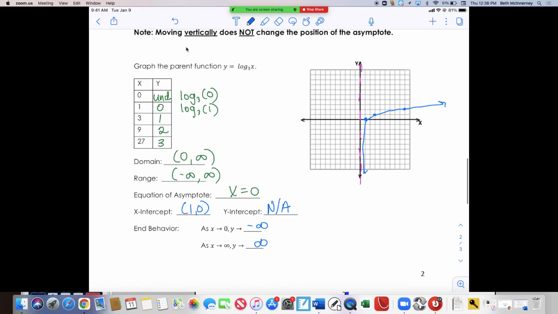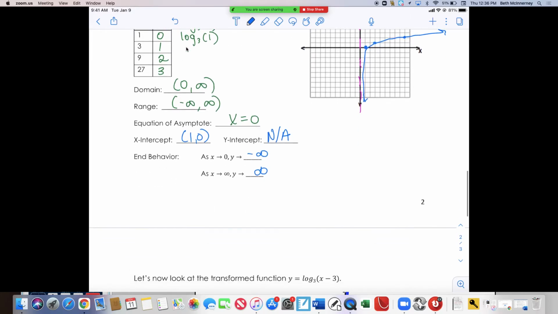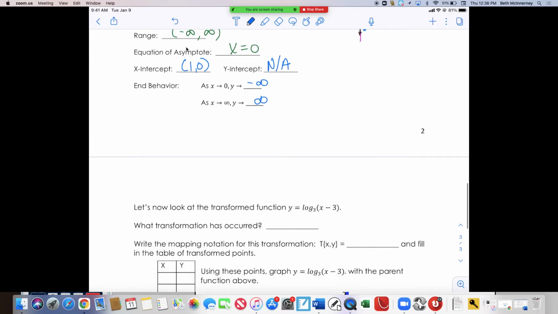All right, questions on this part? So let's look at a transformed function. Suppose I have y equals log base 3 of x minus 3. What transformation is this one? Awesome, right? 3.